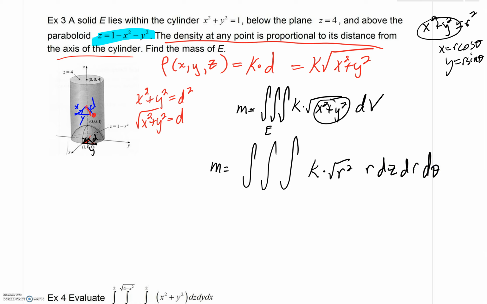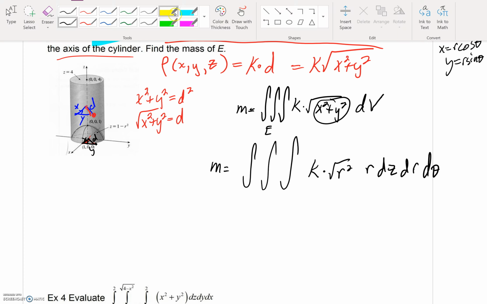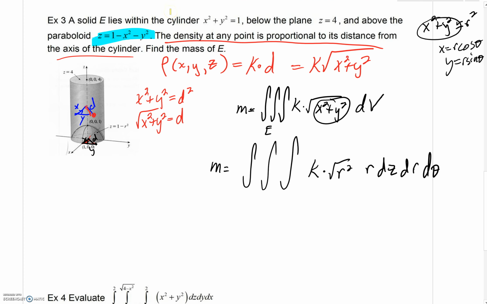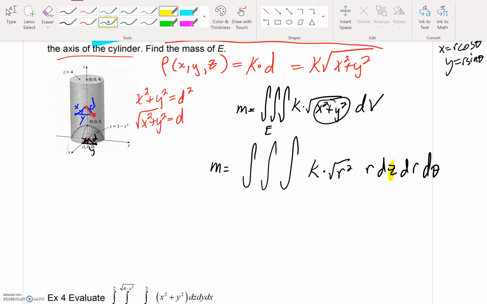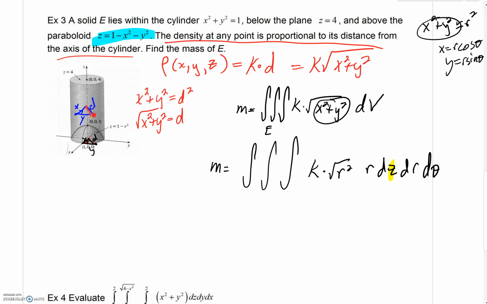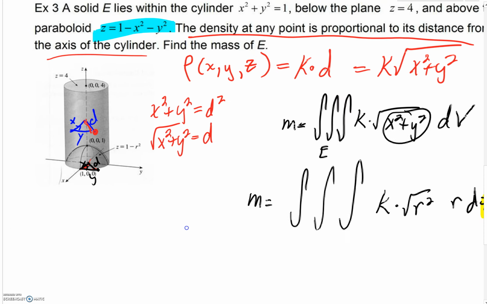And I guess what I want to point out to you first is this. You know that you're going to begin looking at dz. And as we're looking at dz, I just want to point something out to you. What are the boundaries of z?